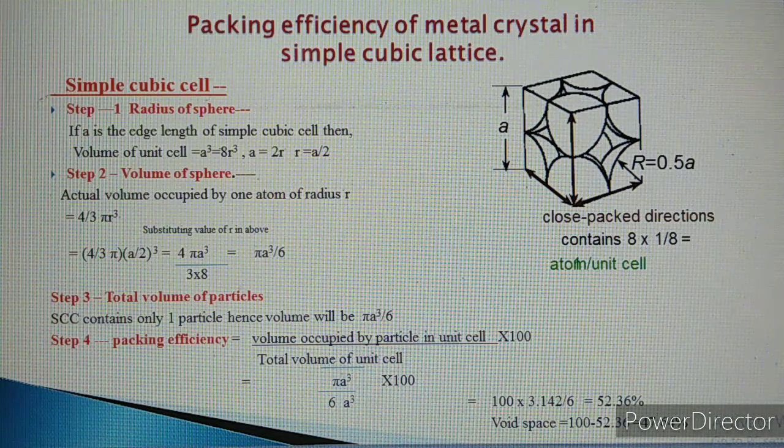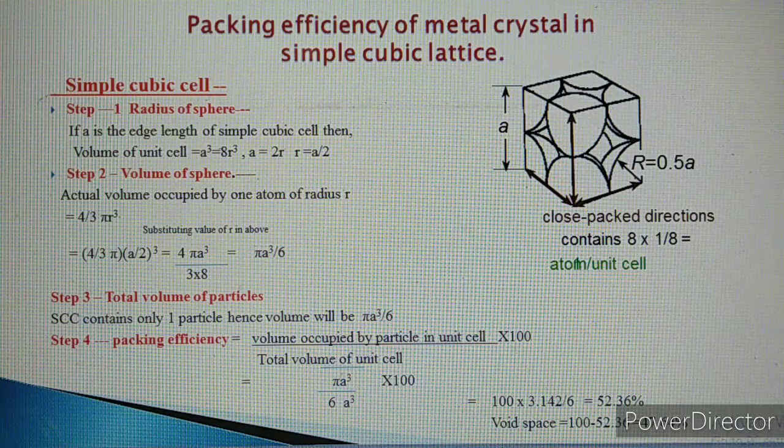Now if we consider one sphere with radius r, then a, the complete edge length, is equal to 2r. May I repeat again: in step 1, radius of sphere, if a is the edge length of the simple cubic cell, then the volume of the unit cell will be a cube.